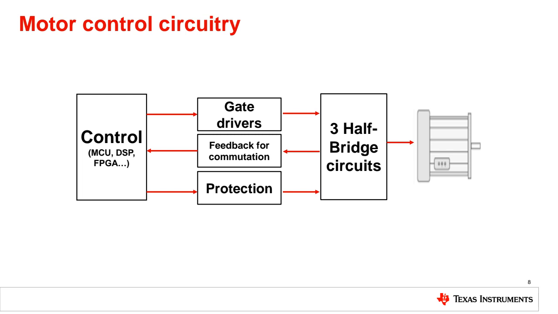Also, you need feedback for commutation. What is it? Hall sensor. Every 60 degrees, I said, you need to detect the position of your rotor. You are using a Hall sensor. The Hall sensor generates 1 and 0 signals.